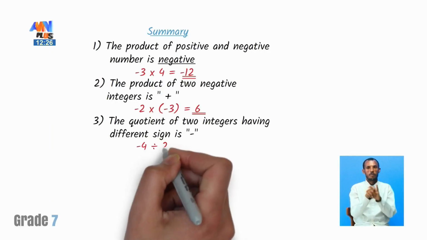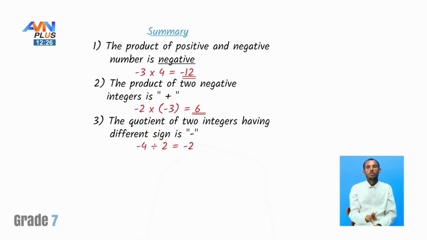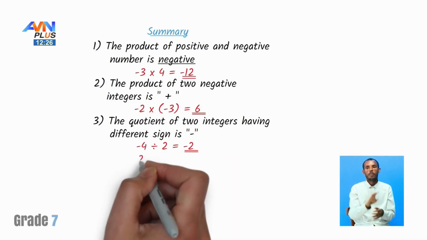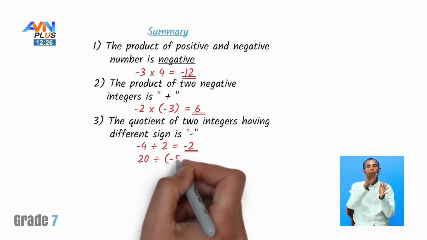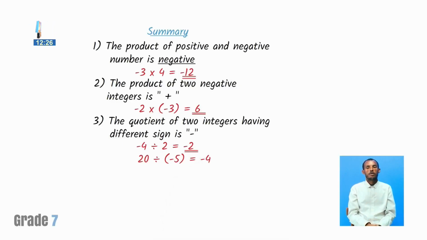For example, negative 4 divided by 2, they have different sign, the quotient is negative. 4 divided by 2. Again, if you have 20 divided by negative 5, the two numbers have different sign, so the quotient is negative, and you divide 20 by 5, you have negative 4.